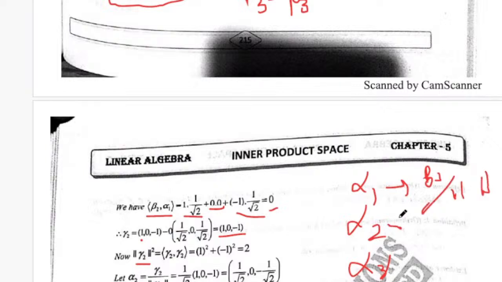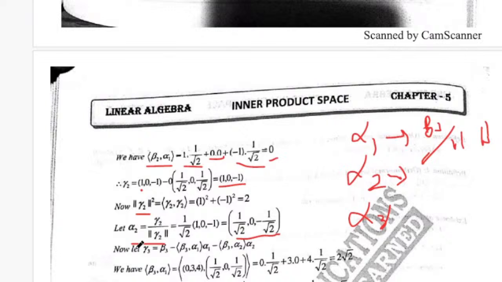For alpha 2, we have to find some gamma by the Gram-Schmidt orthonormalization process that should be orthogonal. So gamma 2 we have found by this formula, and we are taking the norm. So alpha 2 is nothing but gamma 2 by norm of gamma 2, which is 1 by root 2 into 1, 0, minus 1. So this is alpha 2.